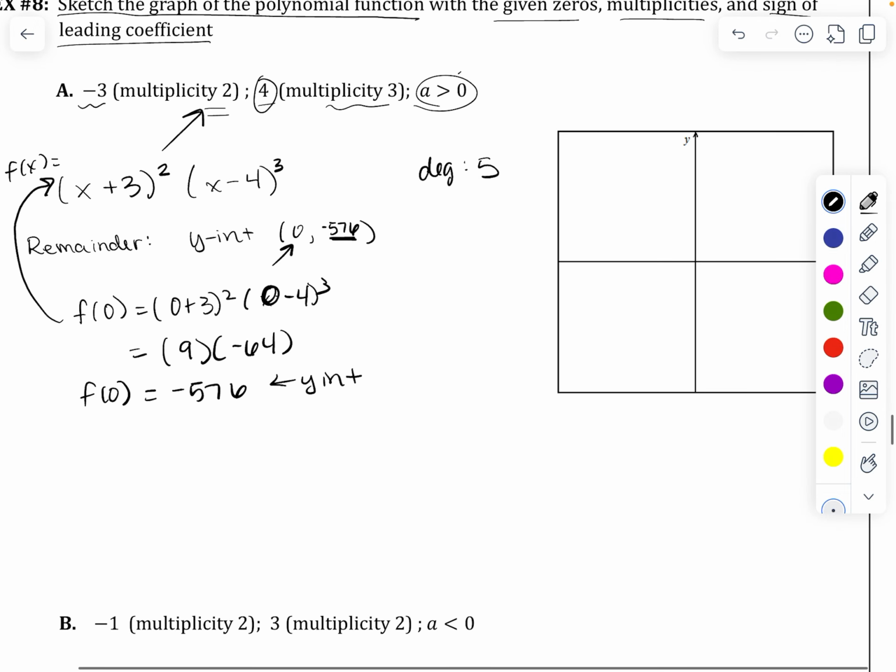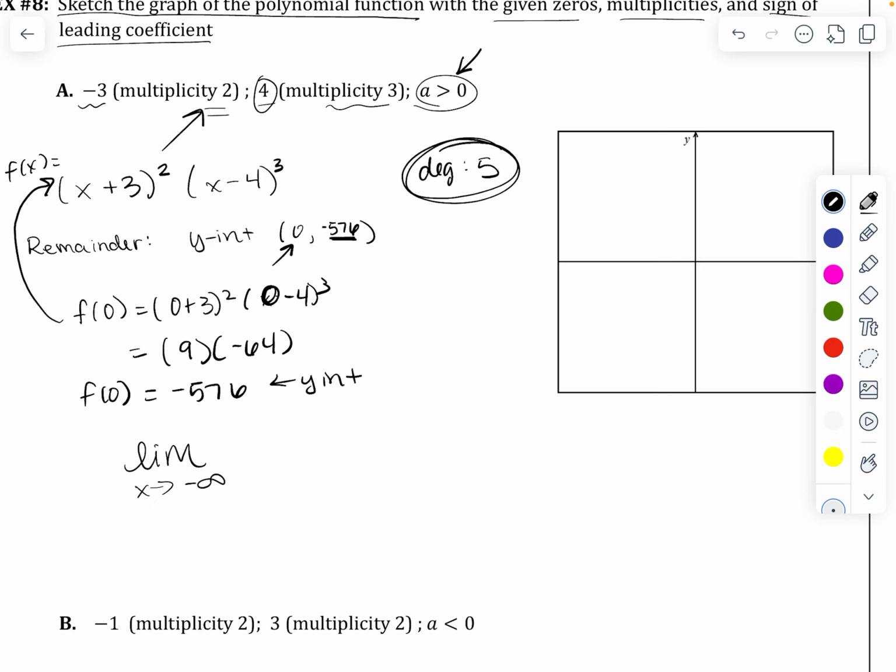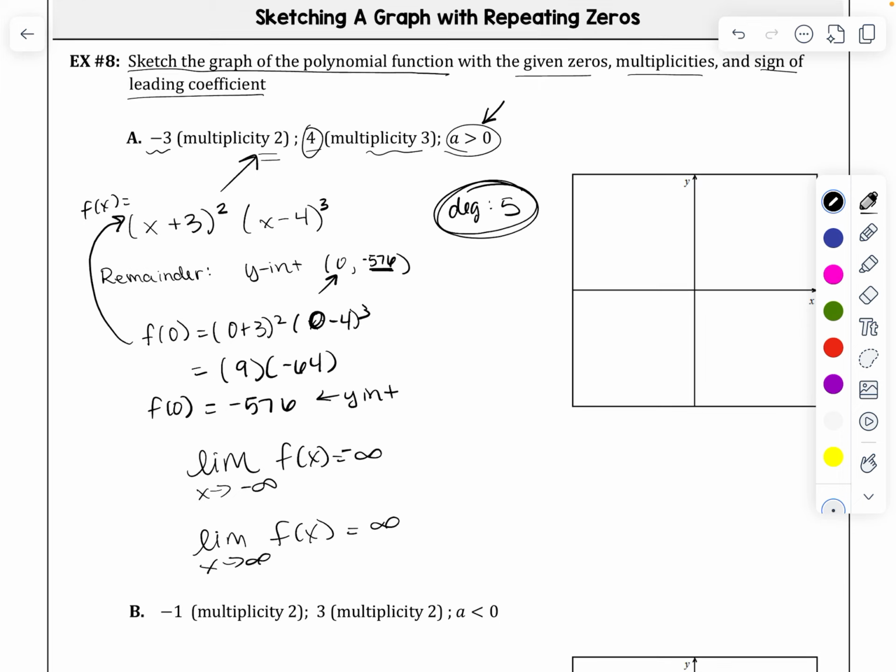I also know that if a is positive, my leading coefficient will also be positive. And this will give me my end behavior. So I know that my limit as x approaches -infinity, because our degree is odd, will be going down to -infinity. And my limit as x approaches positive infinity will be going upwards to positive infinity.